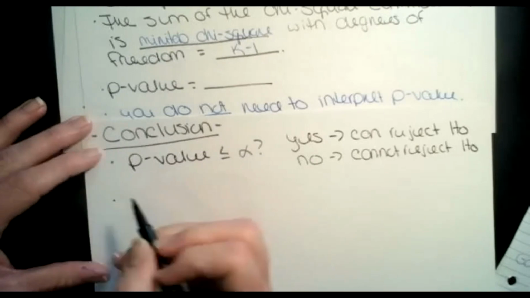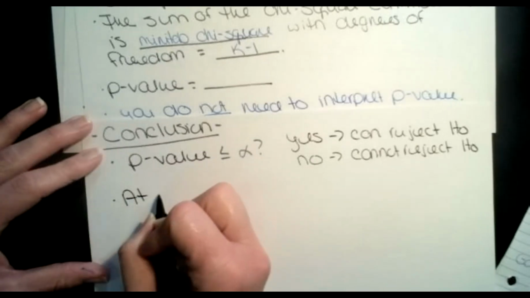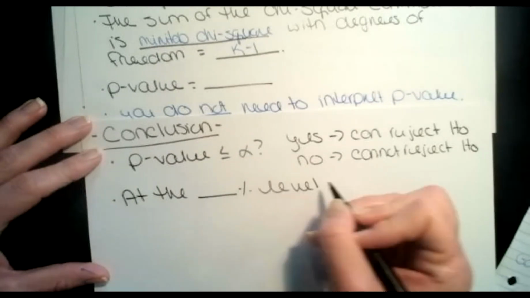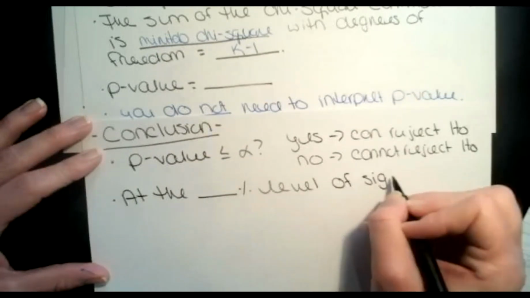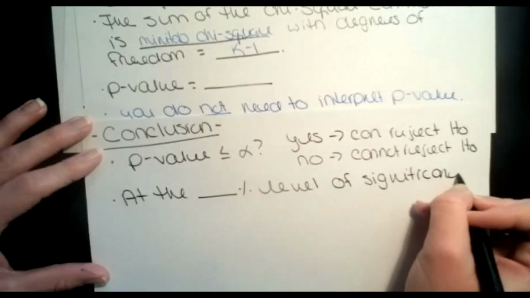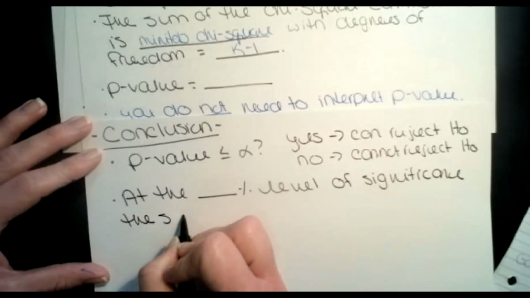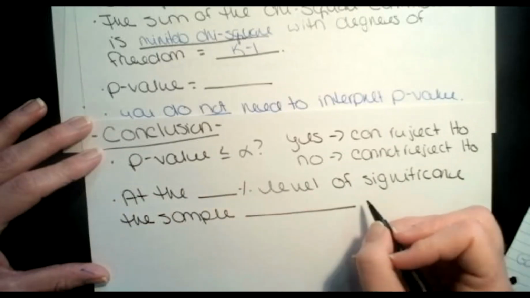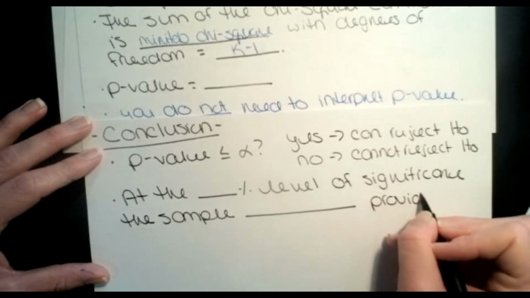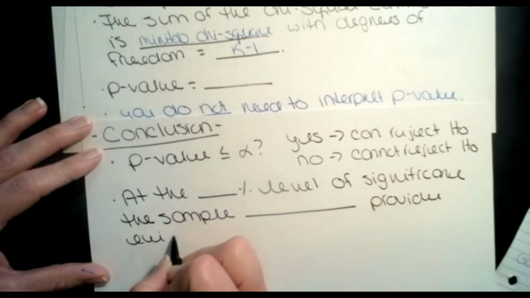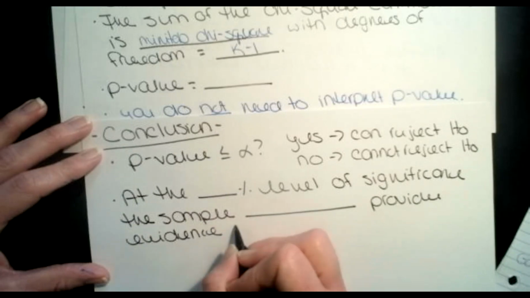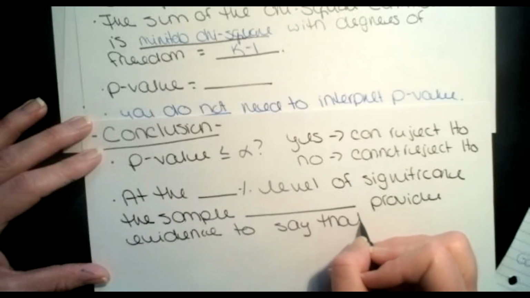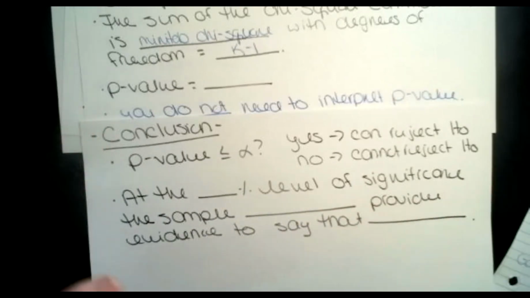And of course, I'm going to make my conclusion statement. So at, most of the time, the 5% level of significance, the sample does or does not provide evidence to say that, and I'm going to put my goal.